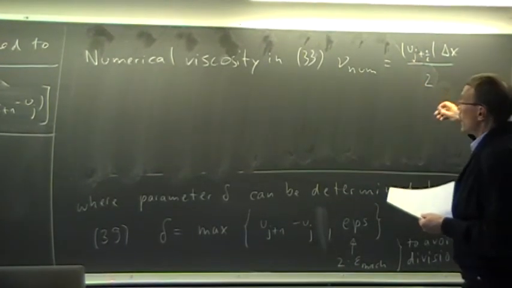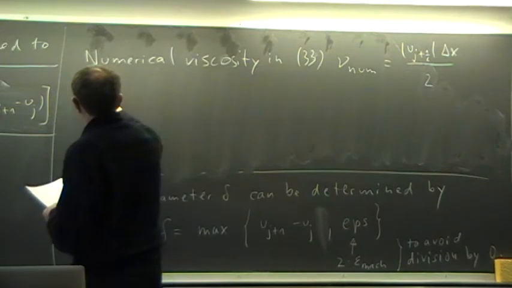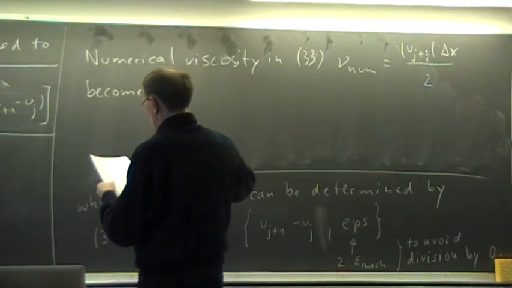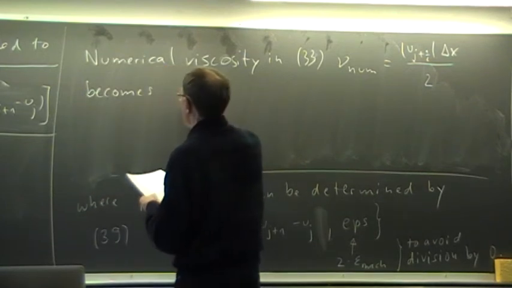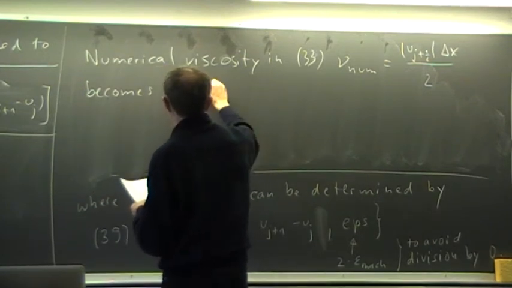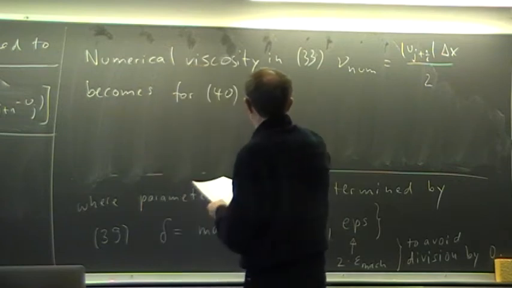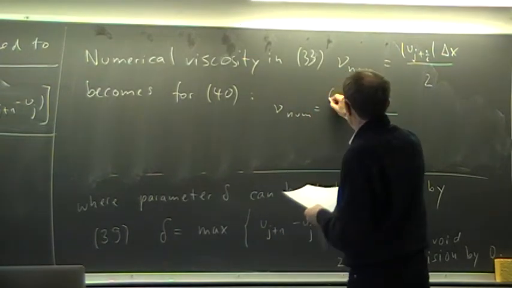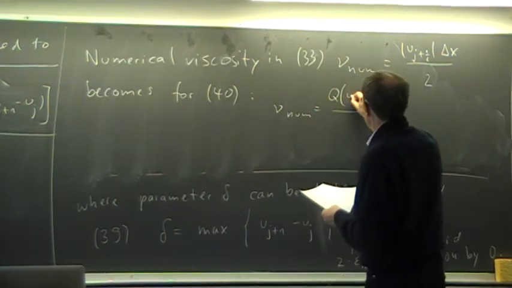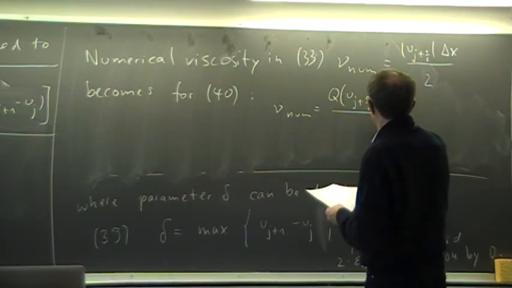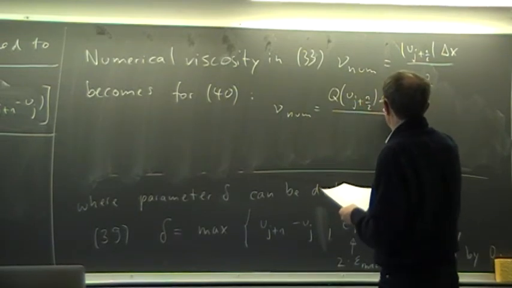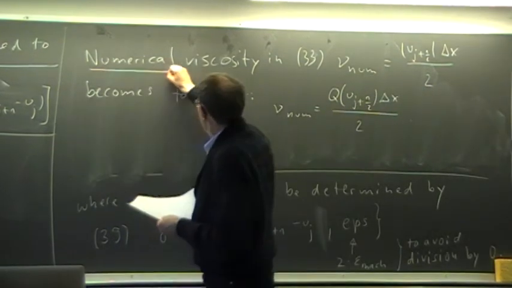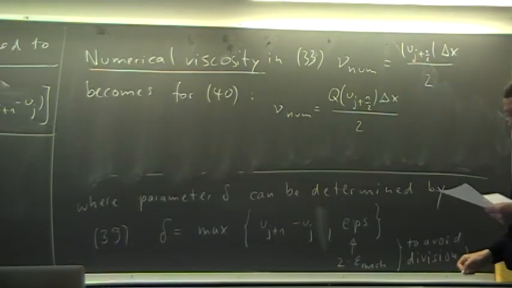So that becomes, for the modified method, for 40, new numerical is equal to, now we have instead of the cube, uj plus 1/2 delta x half. So that is the change. We can discuss this in terms of numerical viscosity.